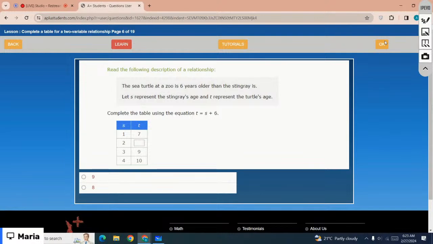The correct option is 8. Yes, 6 plus 2 is 8. The correct option is 8.